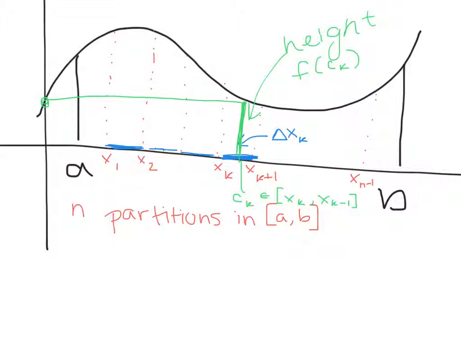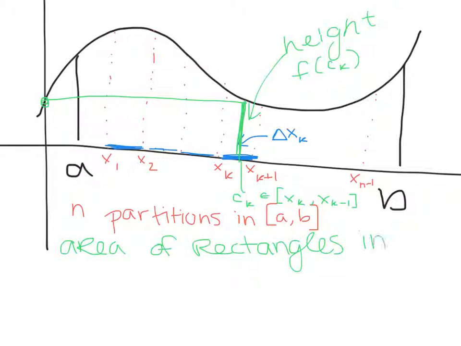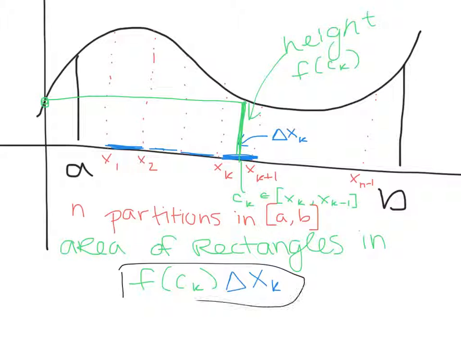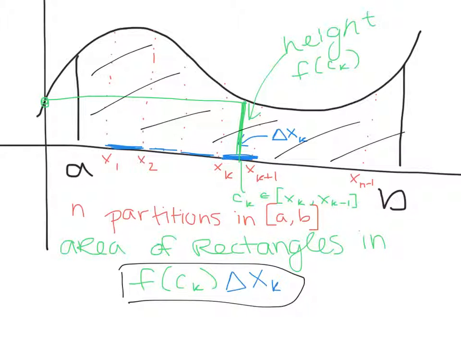So using that notation, you know then that the area of your rectangle is your function value, your height of your rectangle, times the width of your rectangle. So the reason this formula is important is because it allows you to calculate the area of this whole curve by just using this formula inside of a Riemann sum.